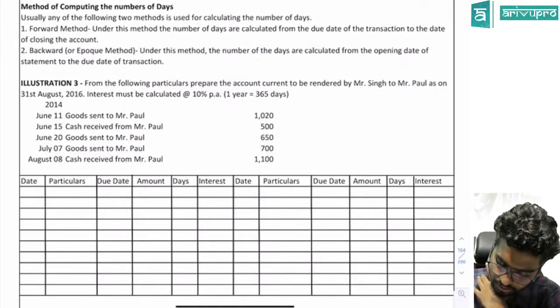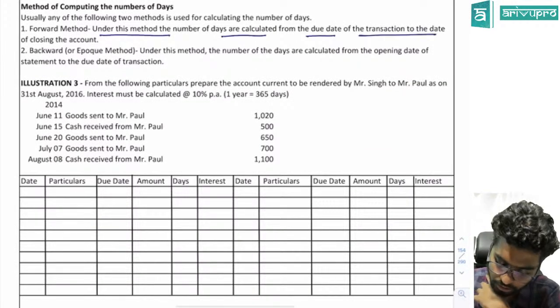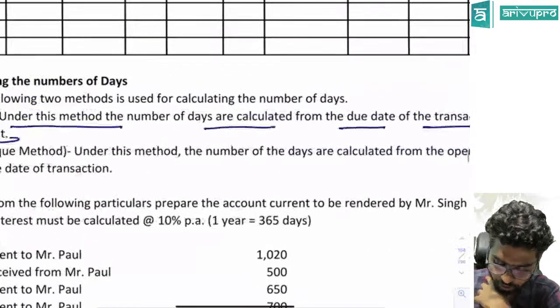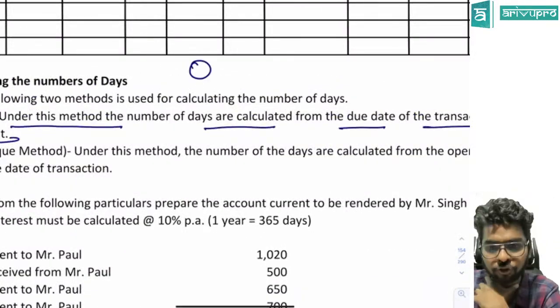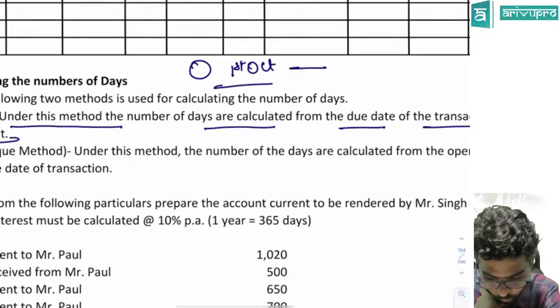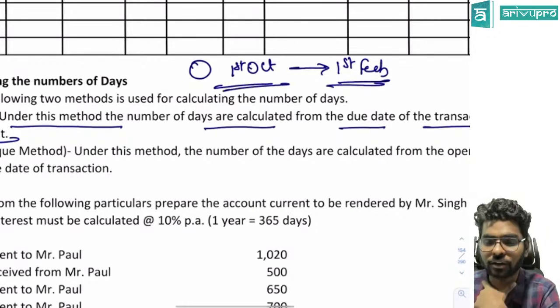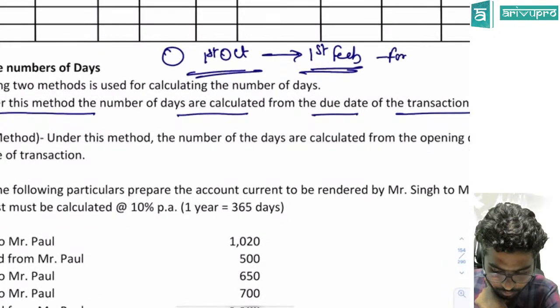Under a forward method, the number of days are calculated from the due date to the closing date. So whatever questions we did now were under a forward method. If you see, my due date was 1st October. I took it till 1st Feb. This is called my forward method.